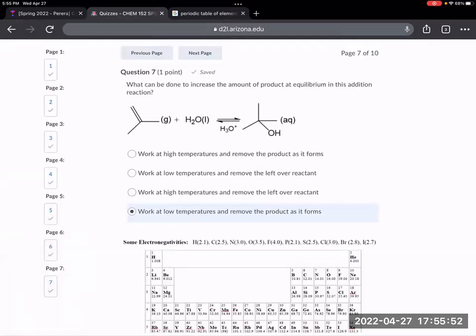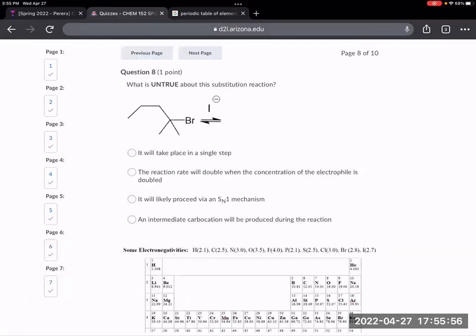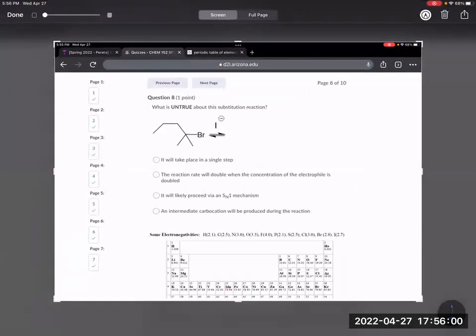And moving on to question 8. What is untrue about this substitution reaction? Again, what we have here is a tertiary carbon that undergoes SN1 mechanism. So the SN1 mechanism is always going to be two steps.